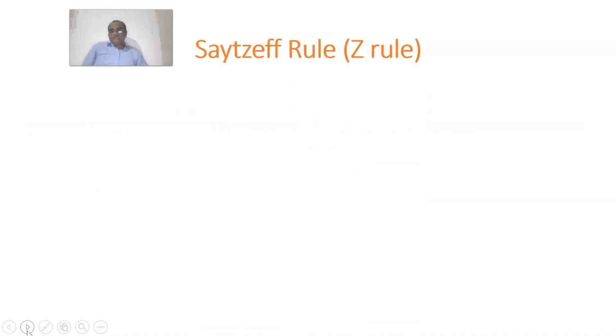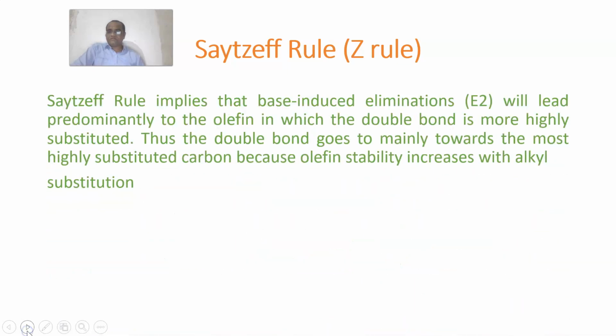Now we'll move towards the next point, that is Saytzeff's rule, also called the Zaitsev rule. The name itself indicates that Saytzeff and Zaitsev were the scientists who discovered the rule.